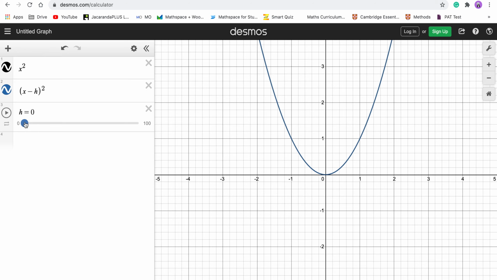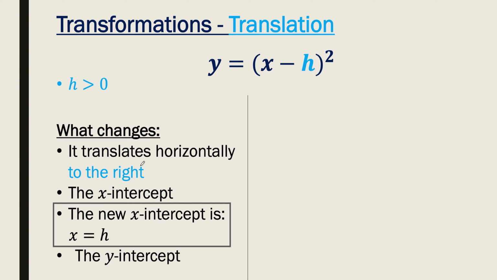But as I move it to the right, look what happens when h is equal to 1.4: the y-intercept now is here. And as I move it, that y-intercept is going to change. So as I move my parabola to the right, the intersection with the y-axis is also going to change. So the x-intercept is changing, the y-intercept is changing. Therefore, the vertex is changing because the x-intercept is changing. So the new x-intercept is going to be x equals h.